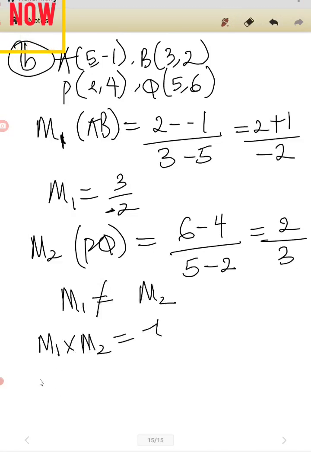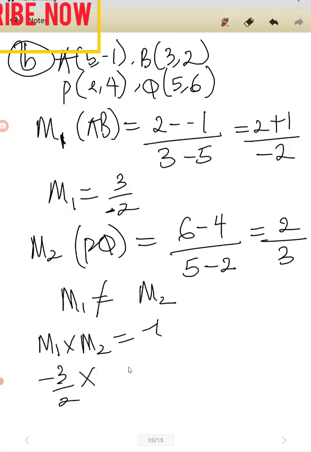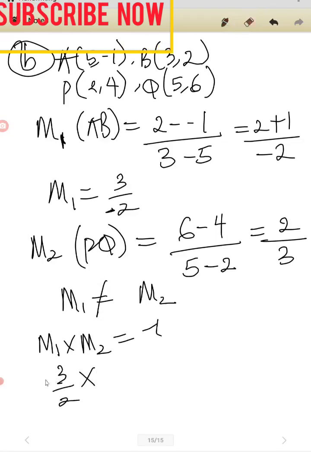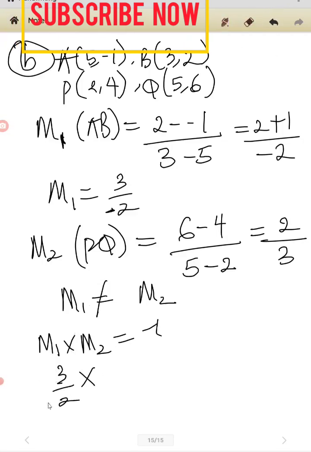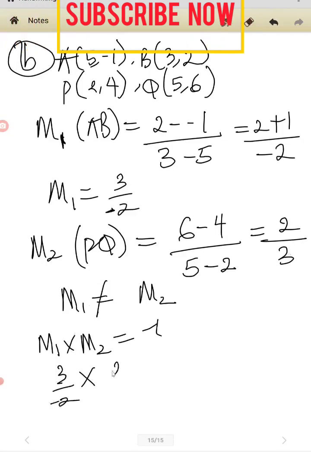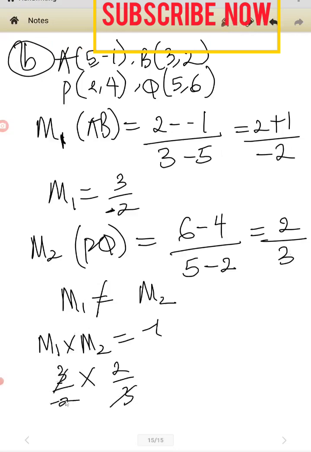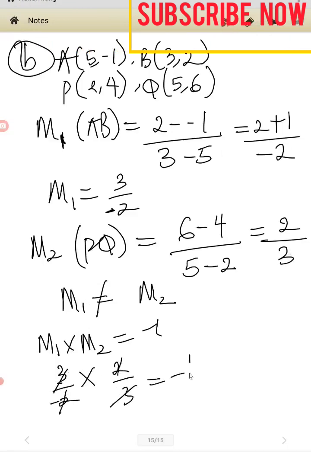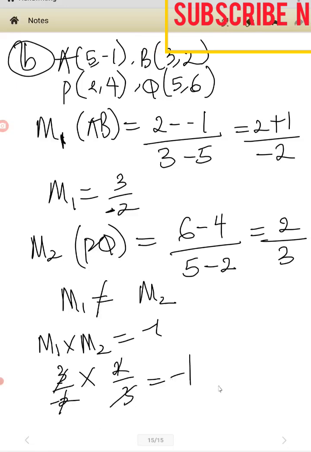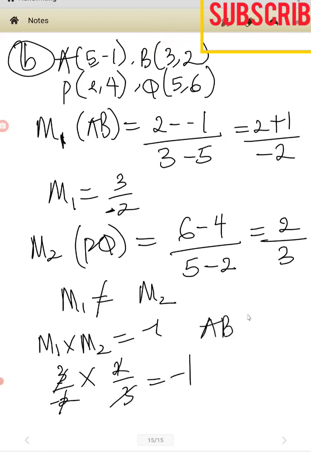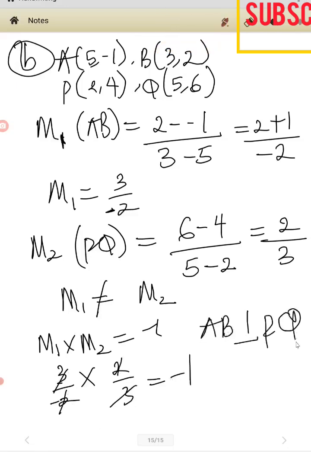Our M1 is 3 over minus 2 times 2 over 3. This cancels this, this cancels this. It gives us minus 1, meaning that in this equation, AB is perpendicular to PQ.